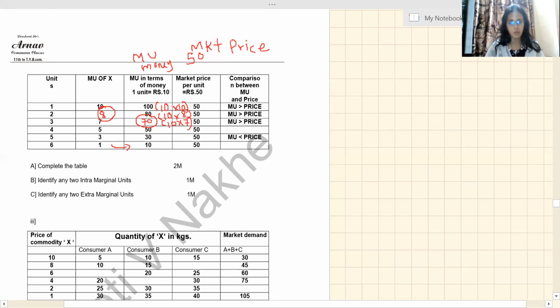Second condition, 80, 50. Third condition, 70, 50. Fourth condition, we don't know. Fifth condition, 30, 50. And these two things are your fill in the blanks.